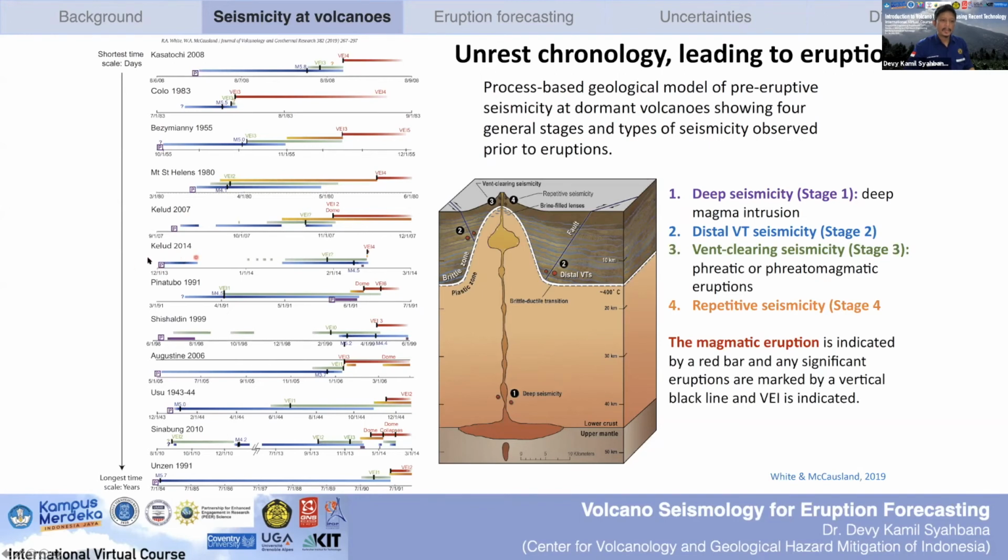And also for other volcanoes, it's almost similar: in the beginning of the crisis, it will always be started by distal or volcanotectonic events. But it's not always, except for some examples like Sinabung here. You see the Sinabung, they detected the first deep seismicity, but it shortcut the second stage.